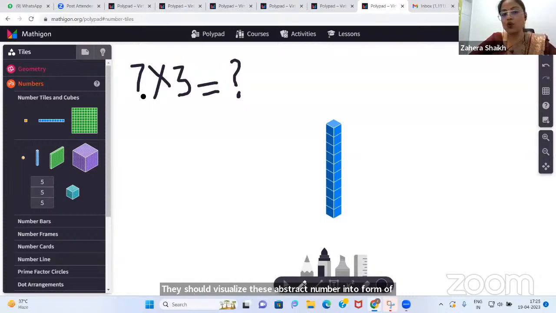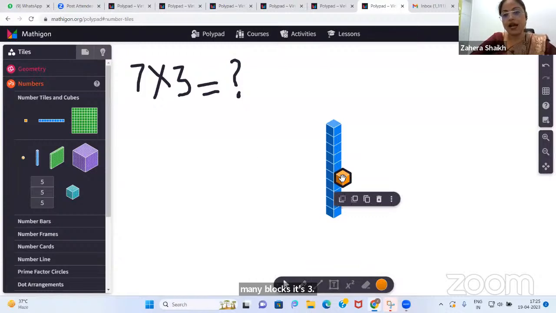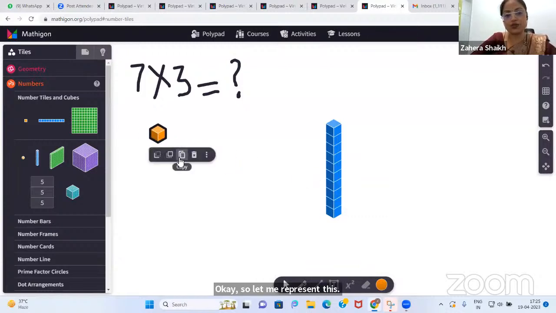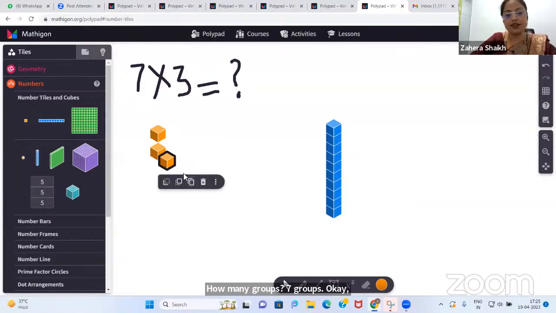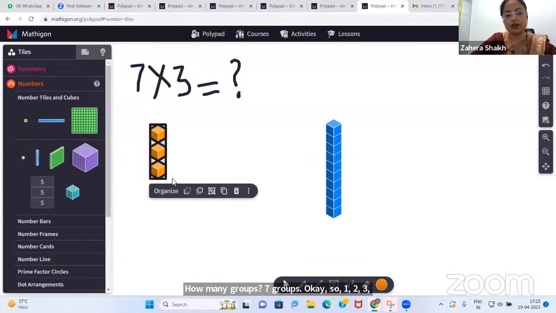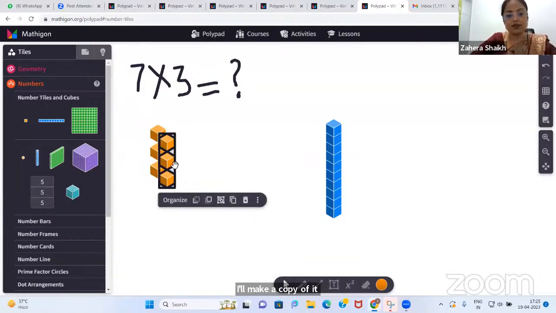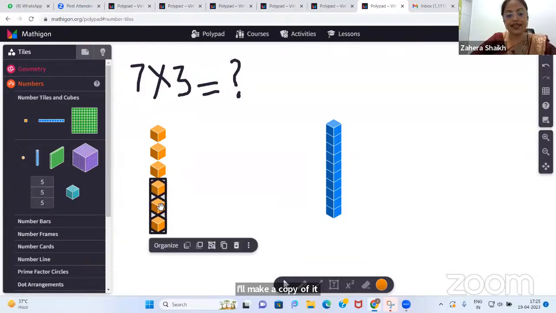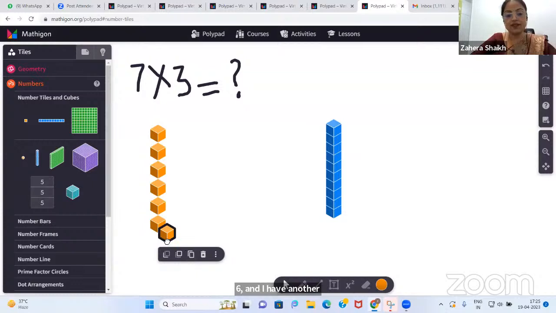So now I know 7 groups are there and each group has how many blocks? It's 3. Okay, so let me represent this. How many groups? 7 groups. So 1, 2, 3. I'll make a copy out of it. And 6. And I have another one, 7, right?